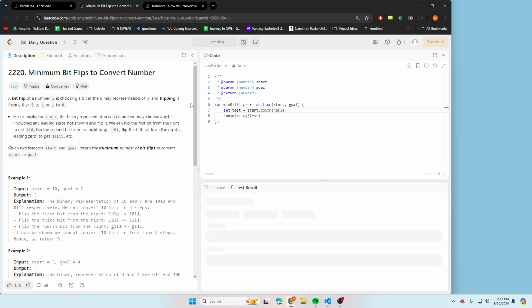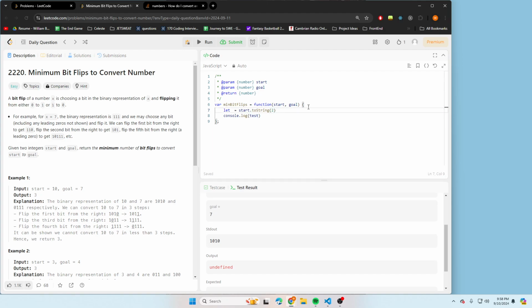I forgot which function, but it's toString, and then we get 10. I'll say start bits, and then goal bits, goal dot toString.